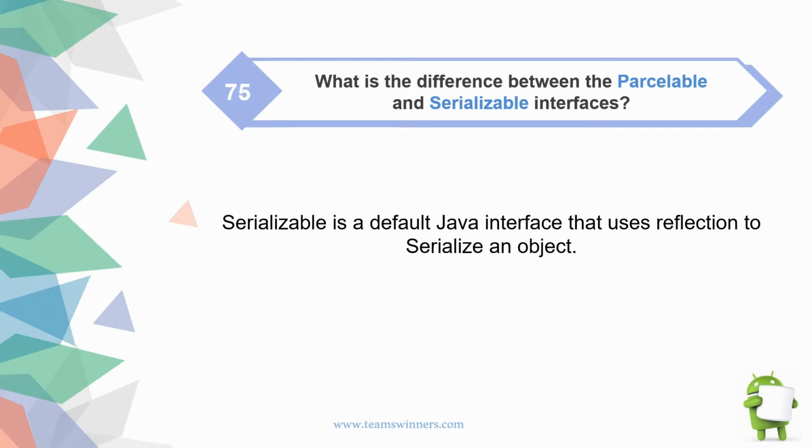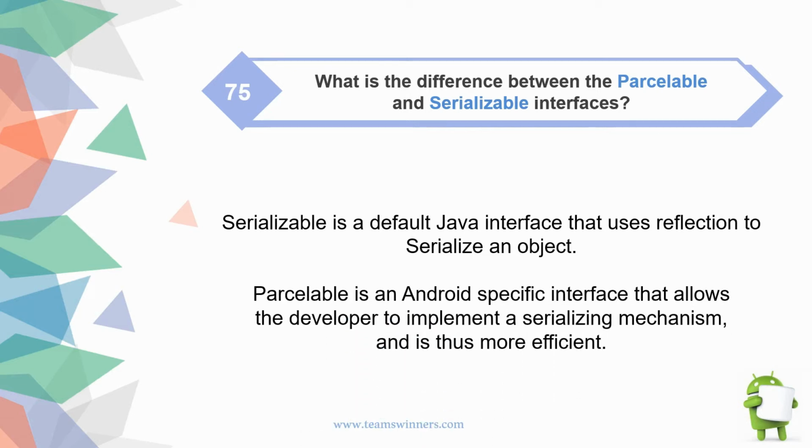Serializable is a default Java interface that uses reflection to serialize an object. Parcelable is an Android-specific interface that allows the developer to implement a serializing mechanism and is thus more efficient.